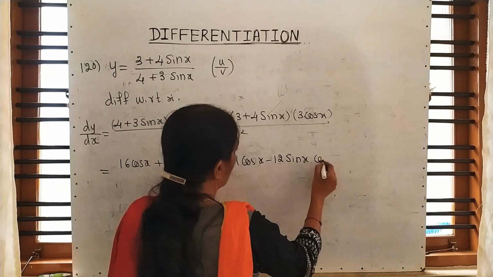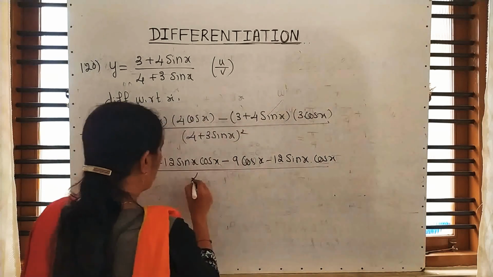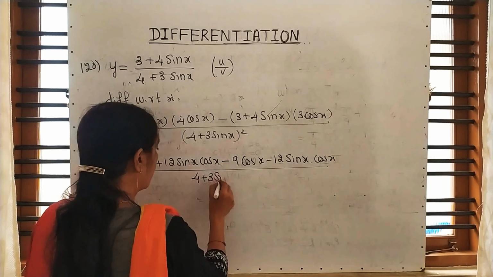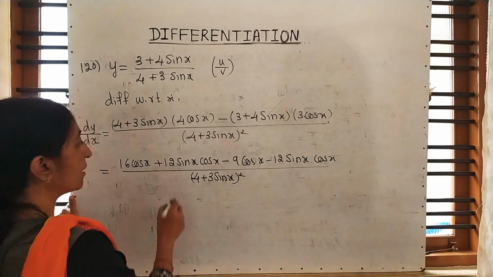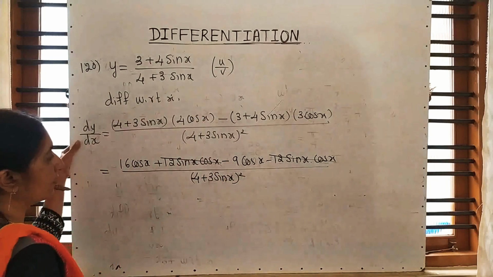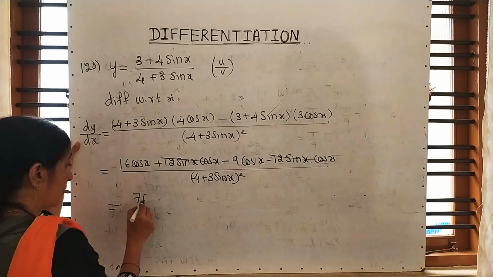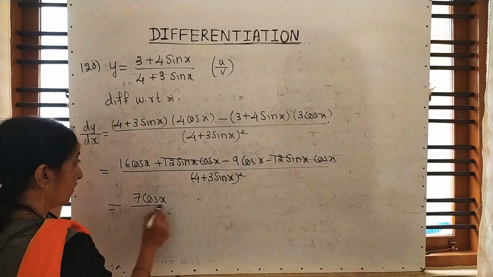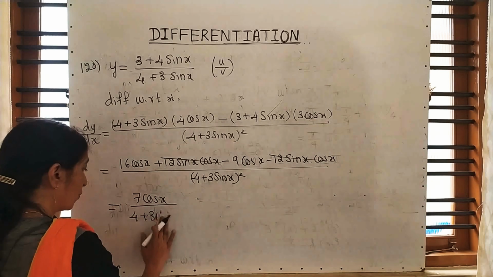Sin x into cos x divided by 4 plus 3 sin x whole square. Correct or what? Here plus 12 sin x cos x minus 12 sin x cos x get cancelled. 16 minus 9 is what? 7. 7 cos x is remaining over 4 plus 3 sin x whole square.